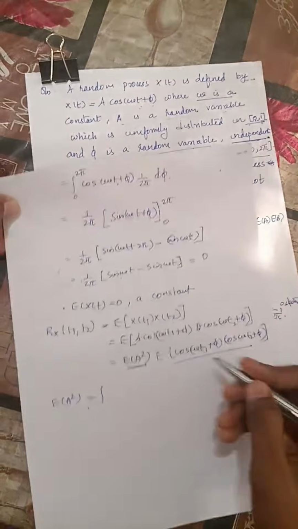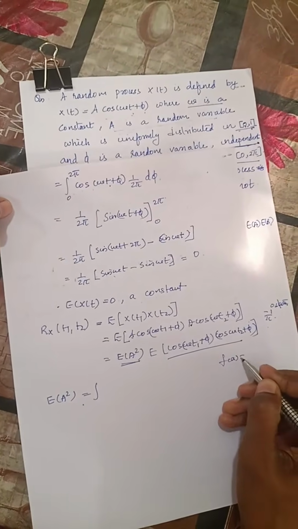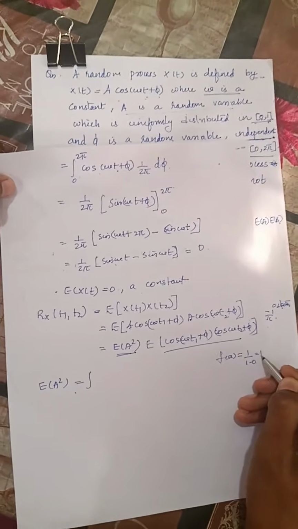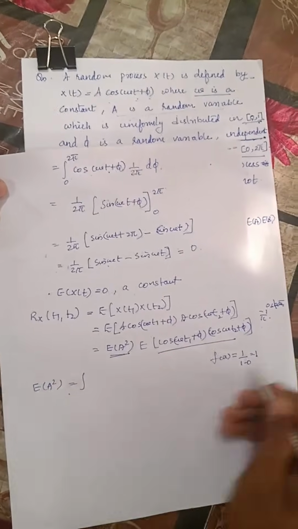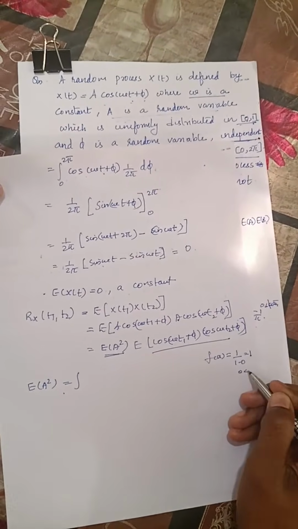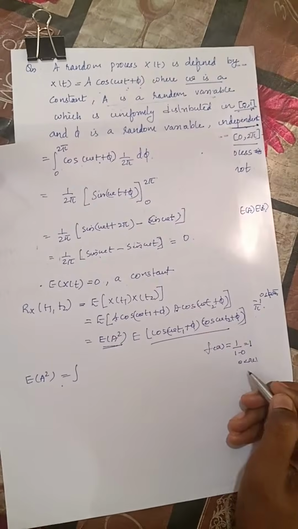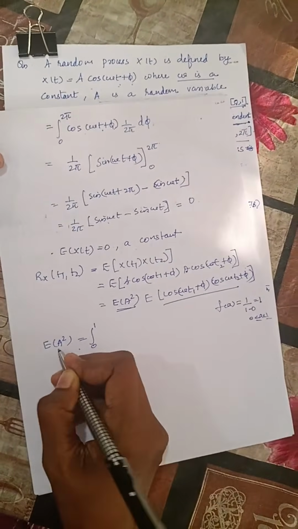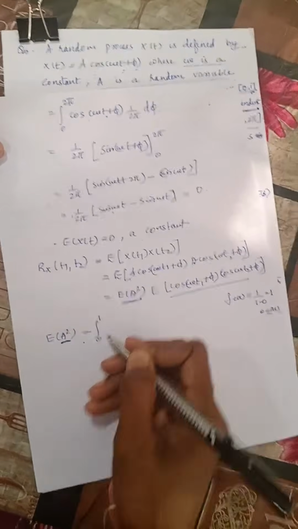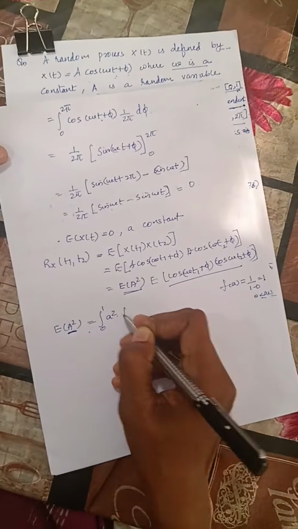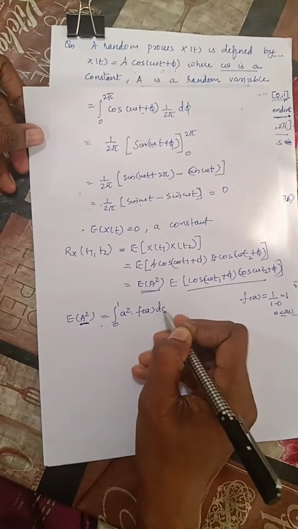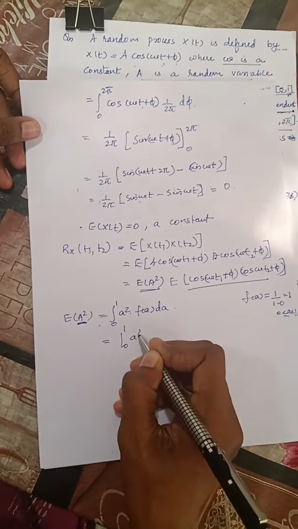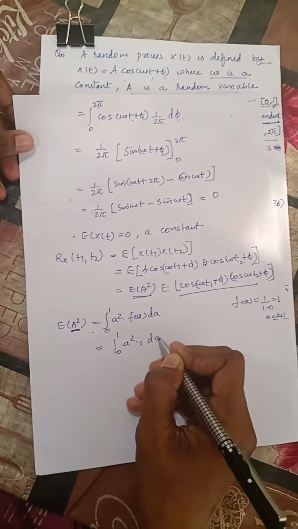So f of a is 1 by 1 minus 0, which is equal to 1, in the interval 0 to 1. Expectation of a function is that function into its PDF. So it is the integral from 0 to 1 of a square into 1 dA.